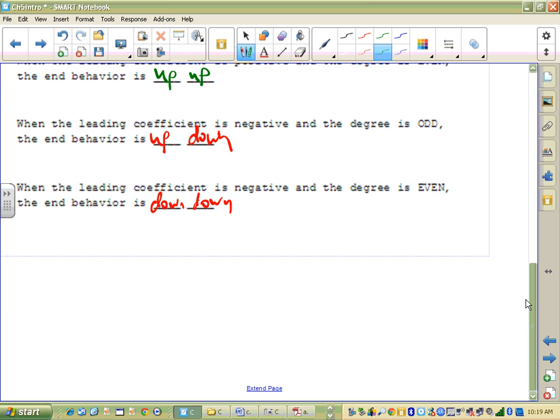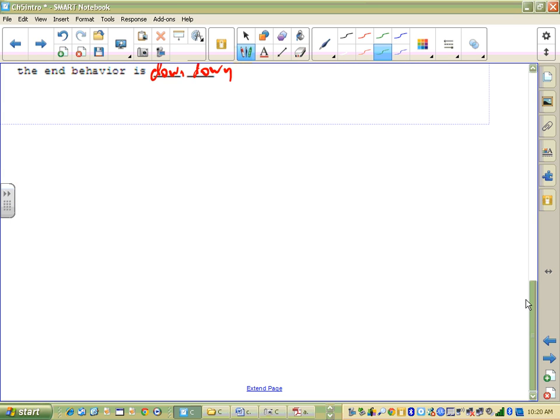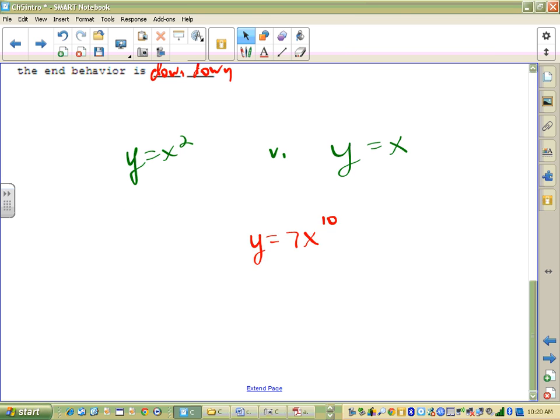Okay. So one thing that I personally do to keep these organized is I just think of y equals x squared versus y equals x. If we had y equals 7x to the 10th, it's going to follow the same idea as this.